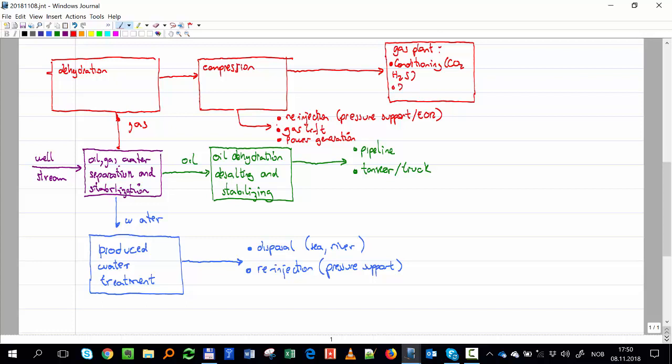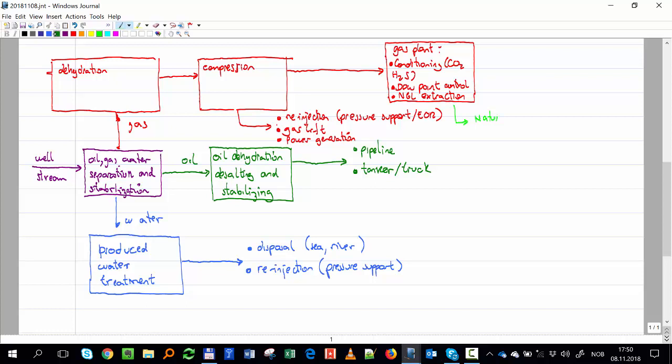Then you have dew point control. We're going to see in a bit what it means, but basically you want to make sure that you won't have any condensation, either of condensate or of water, downstream. So that's the main purpose of dew point control. And then you have NGL extraction. What does NGL stand for? Natural gas liquids.